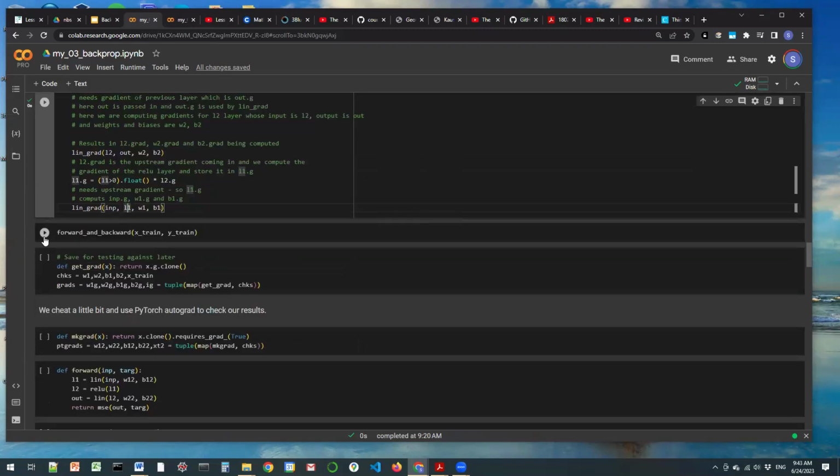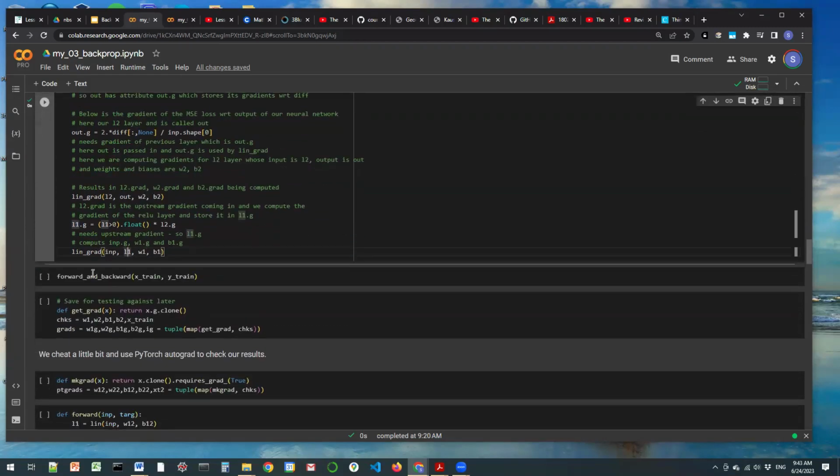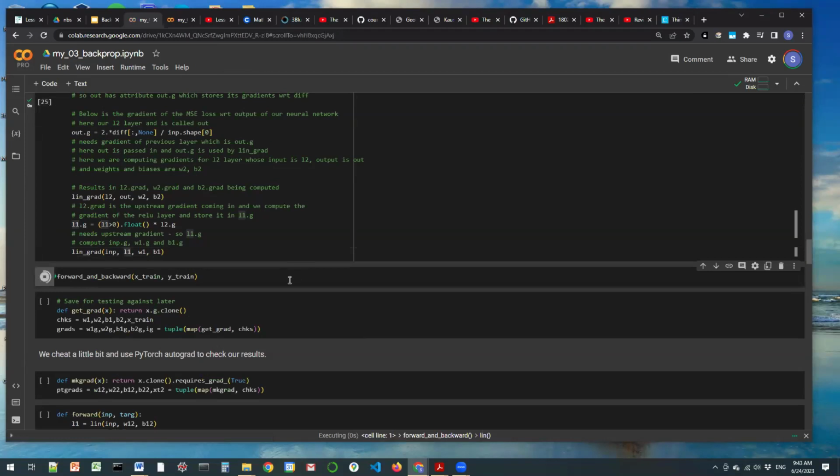Right? So now if we run forward and backward, which is all these equations here, through X train, which is our input, and through Y train, which is our eventual output, then what would have resulted from this? It takes a while. Why? Because as it goes forward, it computes all the forward values.